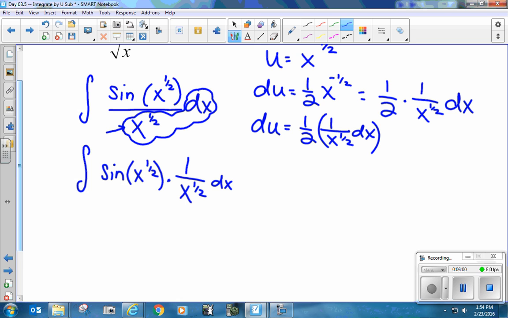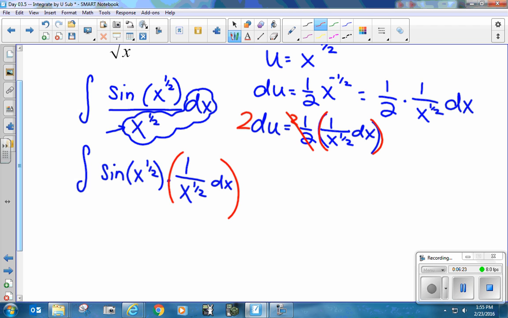I want to substitute in for just this. So I want just this. What do I do with the 1/2? Times both sides by 2. So now a 2 du is going to go in for my 1 over x to the 1/2 dx. Not just du, 2 du.